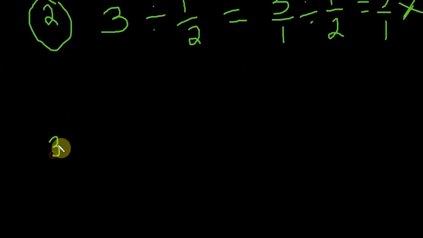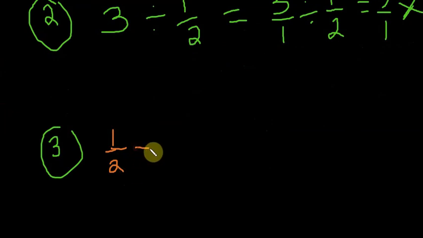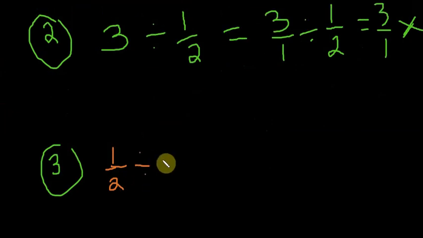Example 3. Say we have 1 over 2 divided by, just say 3.